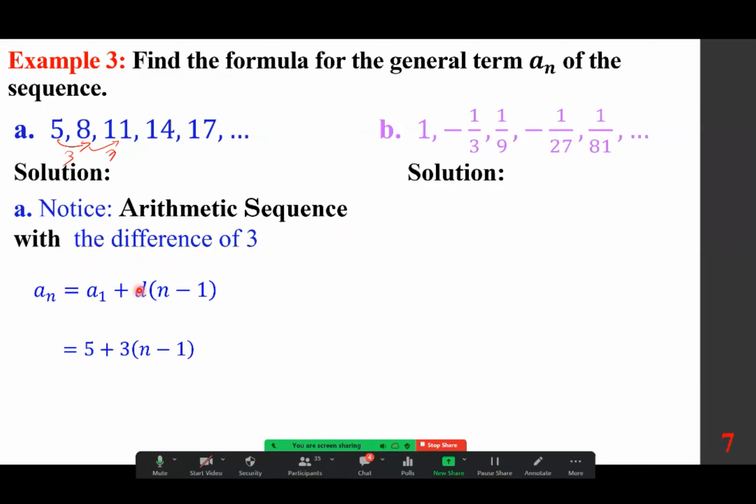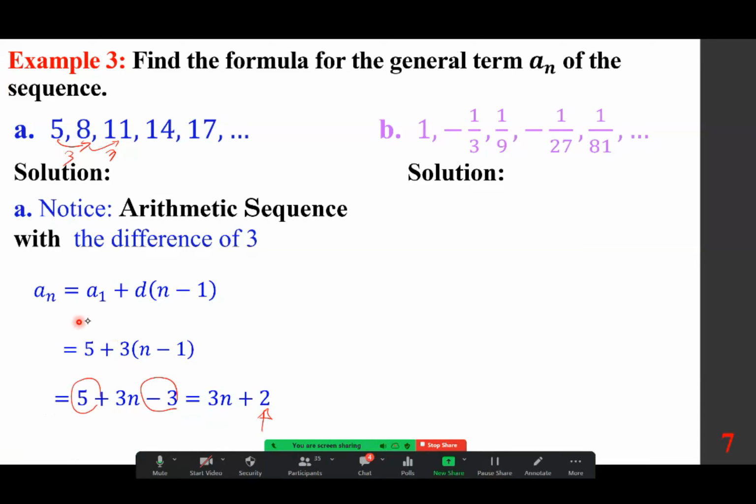When we do that, this becomes 5, this becomes 3n, this becomes minus 3. And 5 and minus 3 can be added. So we get 3n plus 2.